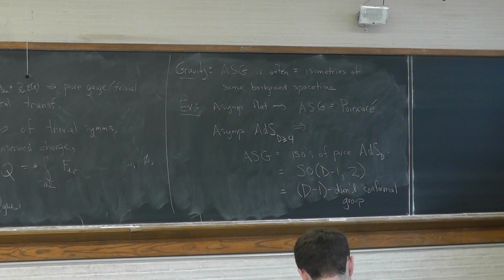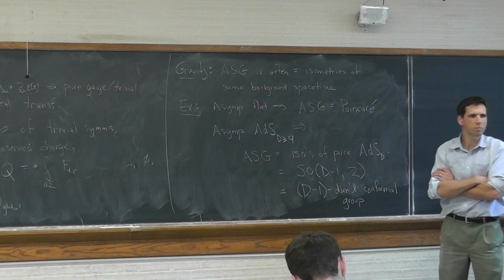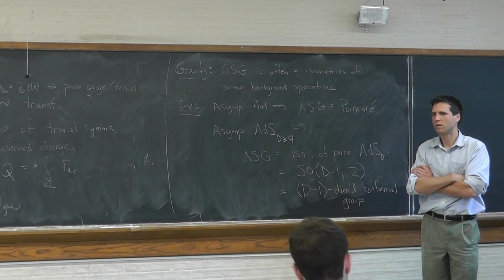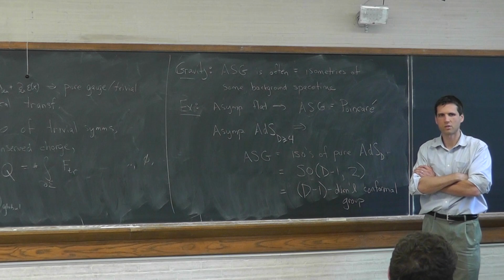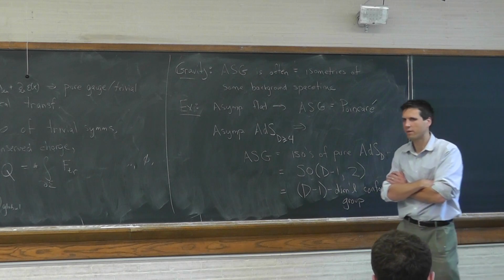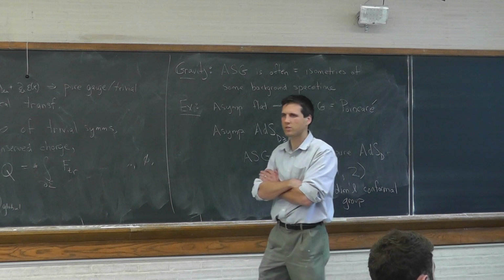So what does that mean? Well, in the classical theory, it means that there's something about classical gravity in anti-de Sitter that respects the symmetries of the lower dimensional conformal group. In the quantum theory, if you say that same statement, it starts to sound stronger.